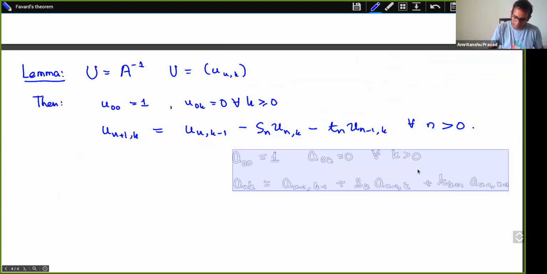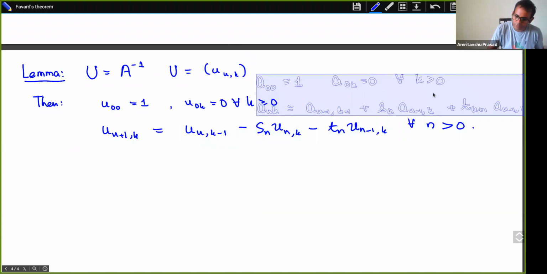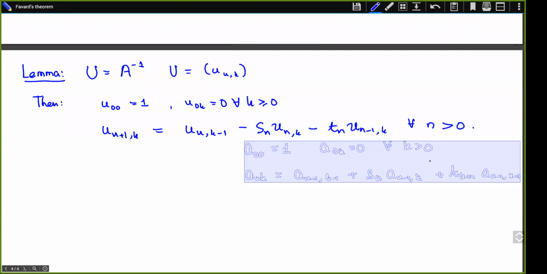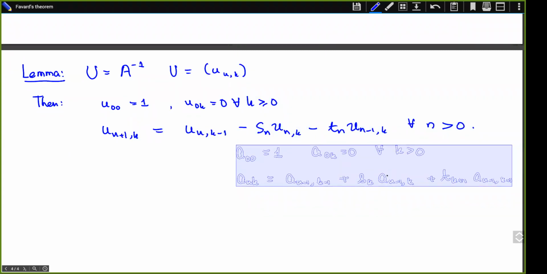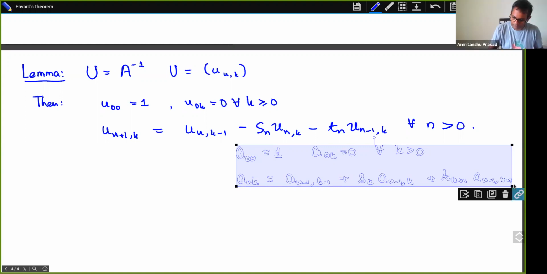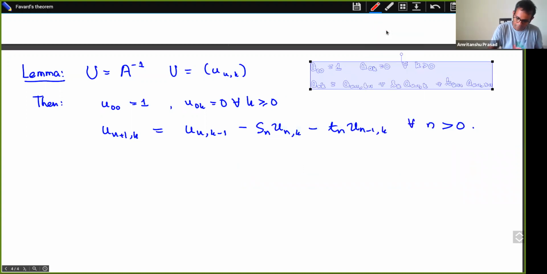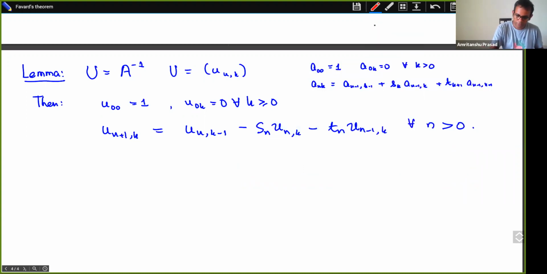Okay, so this is the original one, and this is the new one. So the signs have changed, and there's a change of index here. The index now depends on n, whereas there it depended on k.